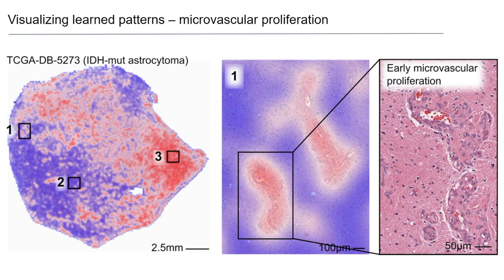So the model is able to learn to recognize these microvascular proliferations, which are definitional for grade 4 glioblastoma, and it's able to highlight them very specifically without us telling it anything about what a blood vessel is or what these structures are. It just looks at pixels and outcomes and learns these patterns on its own. So this was some validation that I think was very interesting.